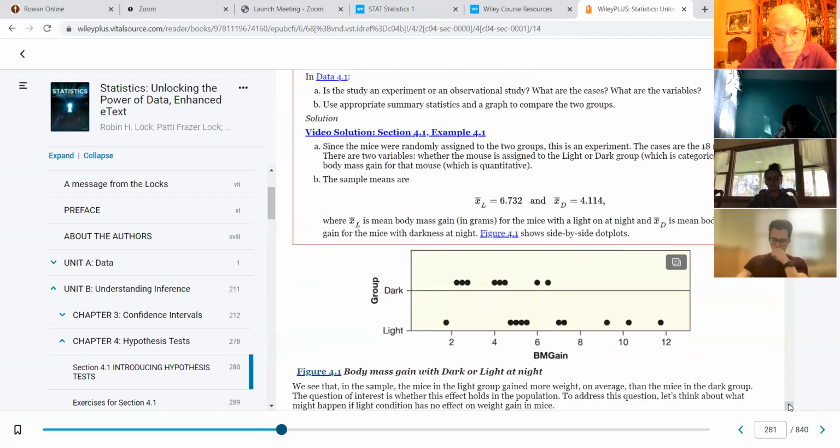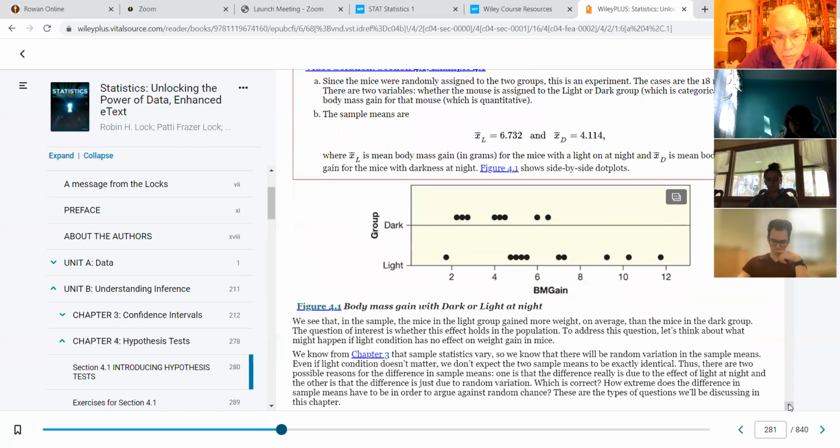Now here they're just basically creating dot plots for these groups, and basically they want to know, is that difference between the two groups significant enough to say, according to the researchers, that light has a bad effect on mice, right?